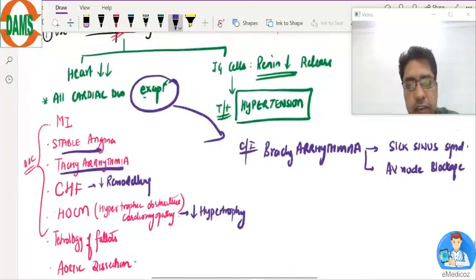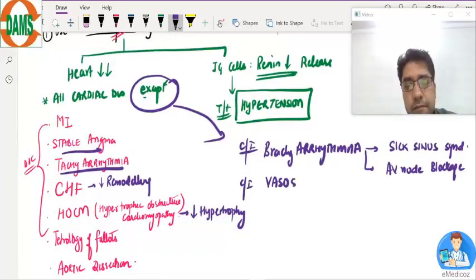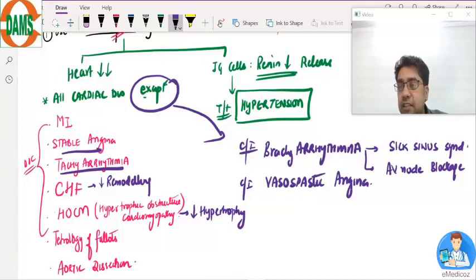Second point, stable angina. Here you will write it is contraindicated in vasospastic angina. Beta blockers are contraindicated in vasospastic angina. Why?